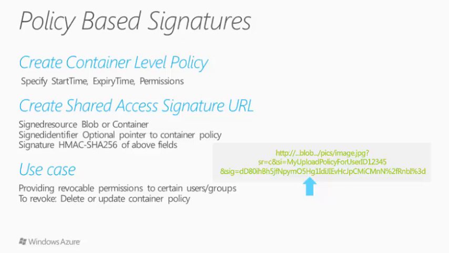So, the second kind of signatures is called policy-based signatures. In this case, you create a policy, and as you can see here, you provide not the exact permissions, but a link to your policy. But basically all other stuff will work the same.